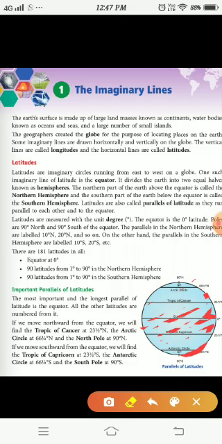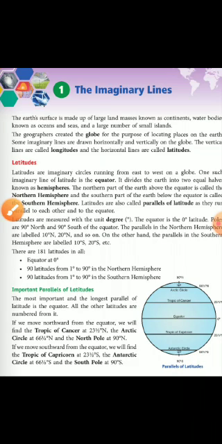Now the important parallels of the latitudes. The most important and longest parallel of latitude is the equator. All the other latitudes are numbered from it. From this picture you can see it properly.